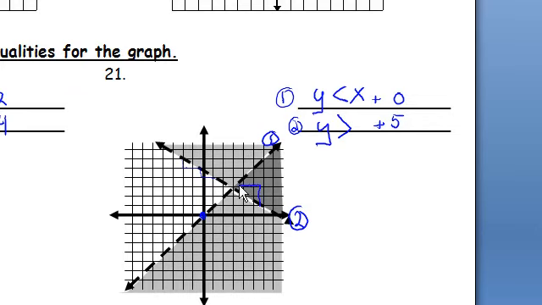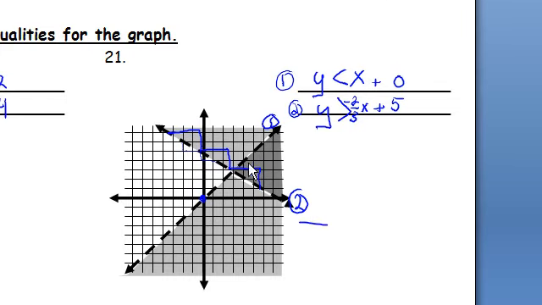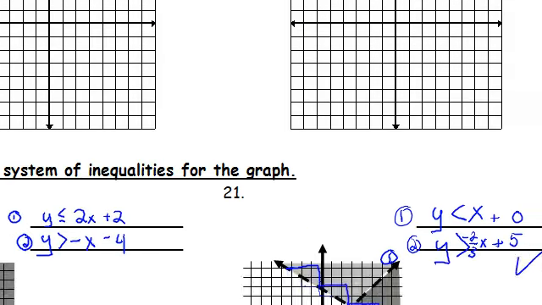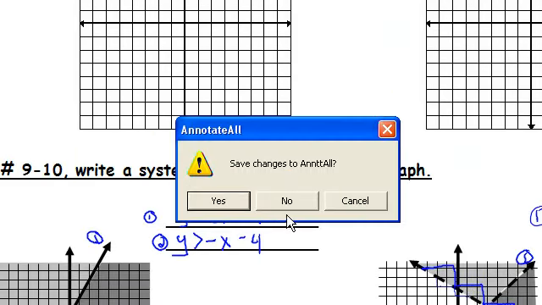Up 2 over 3, up 2 over 3. Okay, so the slope is a negative 2/3 x. Because the line is downward sloping, so you know it's a negative slope, and the rise is 2, and the run is 3. So, there you have it. That's the solution for 21.